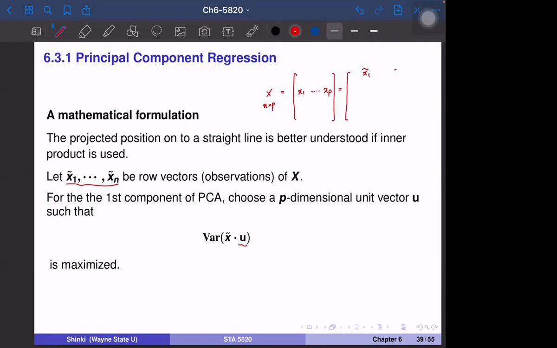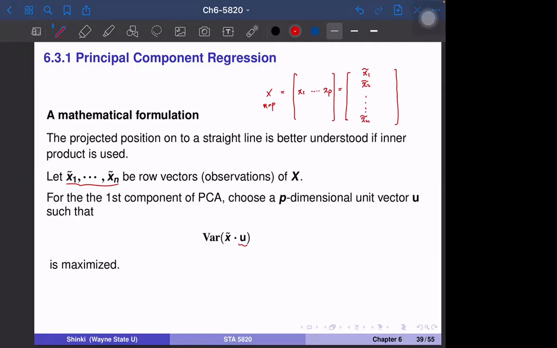This is a p-dimensional vector, here 5-dimensional, with 5 test scores for each student. So one specific student is x1 tilde, the second student is x2 tilde, and so on up to xn tilde.